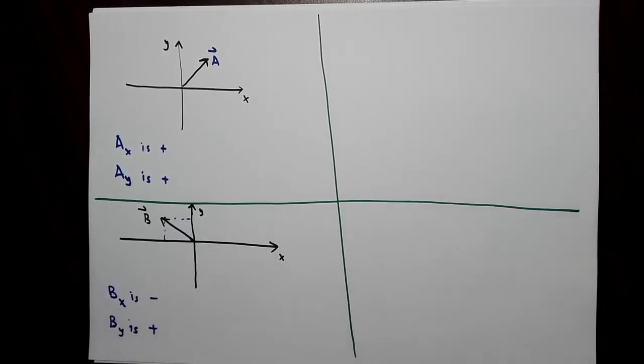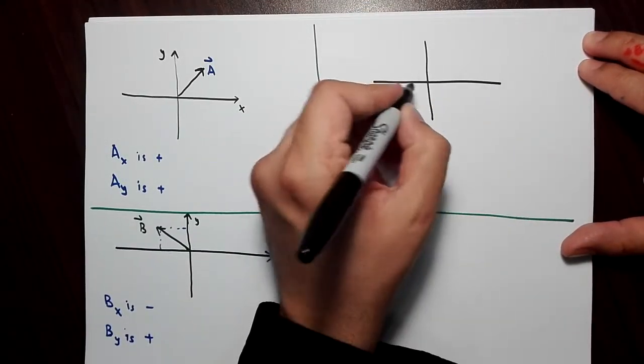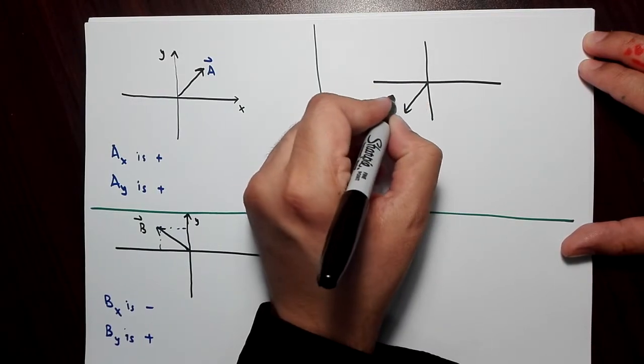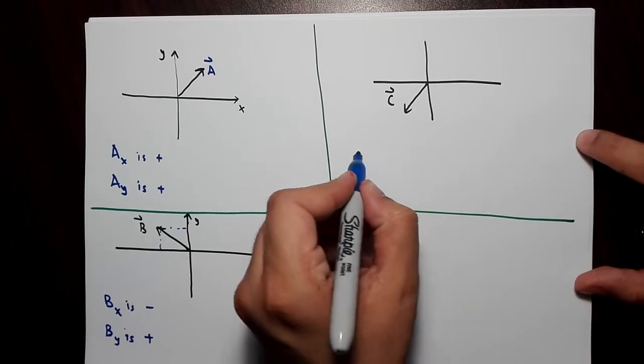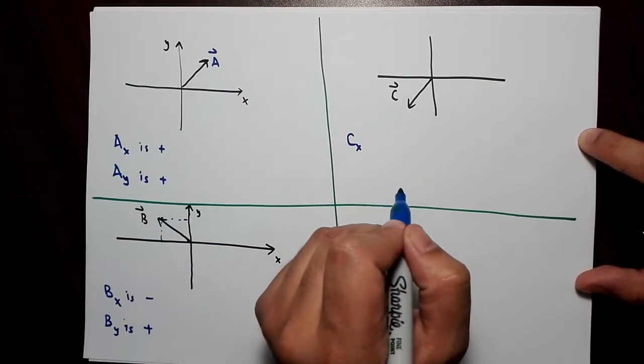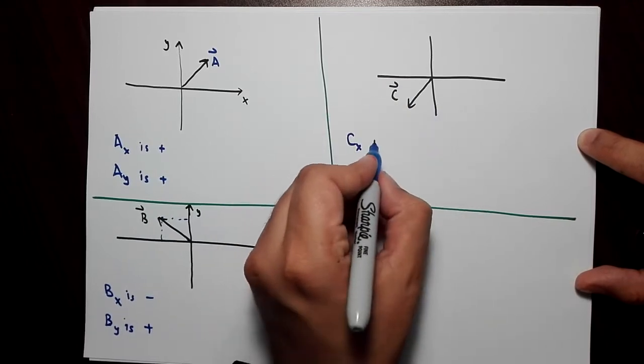Okay. Then let's choose another vector that points in the third quadrant. So let's call that C. So this is its projection on the x and this is y. So they both are negative.